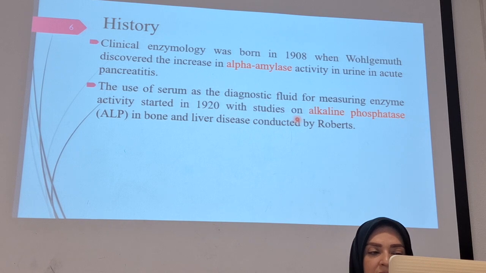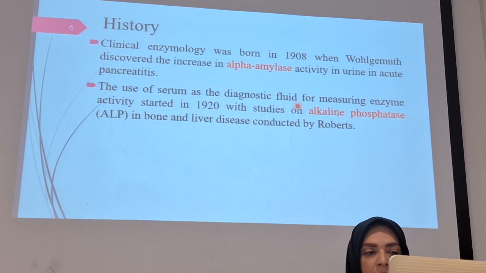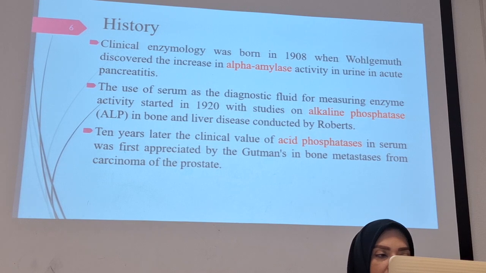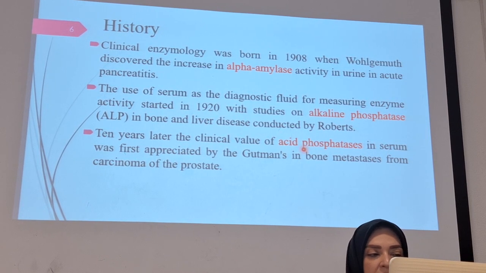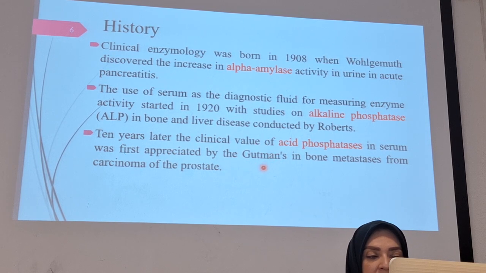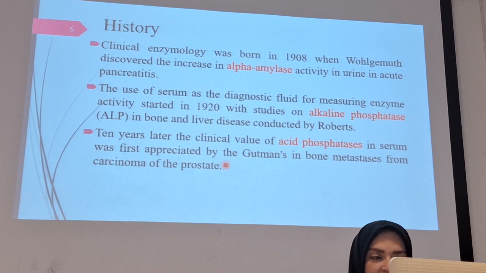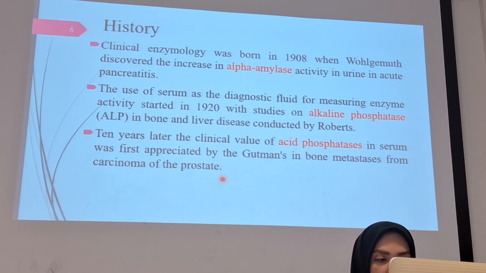They understood that another enzyme, alkaline phosphatase, is very related to liver disease. Ten years later, the clinical value of acid phosphatase was determined, showing a relation between acid phosphatase activity and bone metastasis from some malignancies, especially from the prostate.